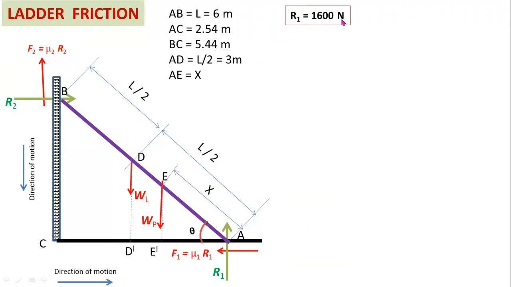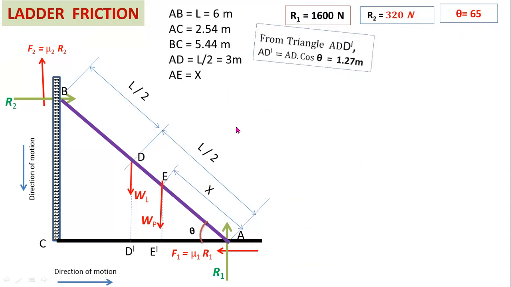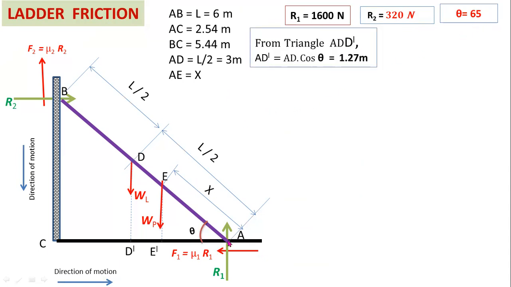Now R1 equal to 1600, R2 equal to 320 newtons from previous calculations. Here the given angle of inclination theta equals 65 degrees. Now from triangle ADD dash, the length of AD dash equal to AD into cos theta. From right angle triangle ADD dash, you have to determine the horizontal distance AD dash.